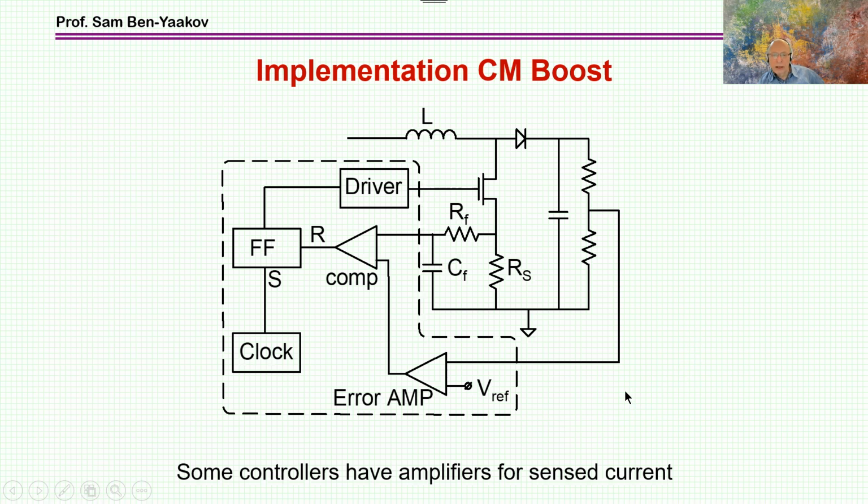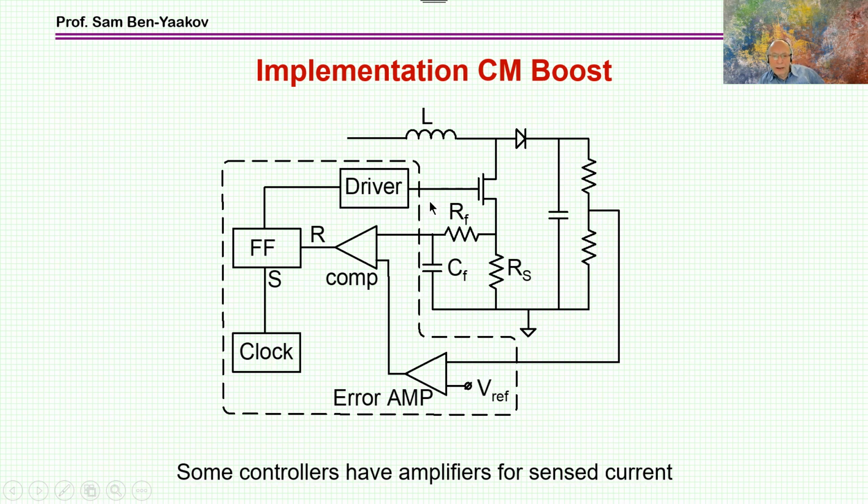So here is a typical scheme. This will be for a boost converter. This is the input, the inductor, the diode, the output. I'm not showing the load here. This is just a divider to bring the value to the reference, okay?